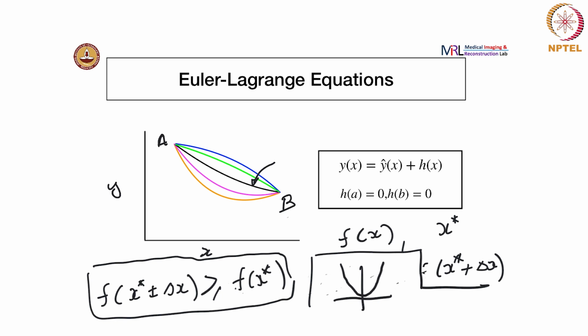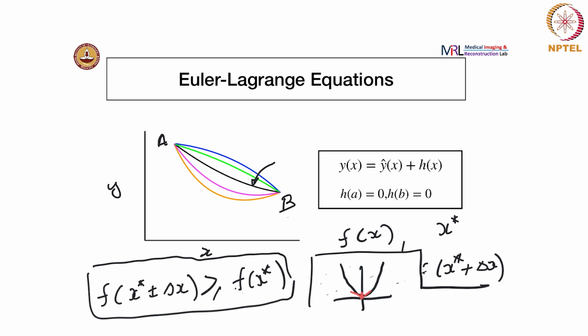So if this is your minimum right there, if you move to the right or to the left, the function value increases. That's what I'm trying to say. Okay. So similarly, but then this is in the real axis. Of course, you can also consider it in multiple dimensions, x, y, z, or x1, x2 up to xn. But the argument remains the same. If you perturb the coordinate values a little bit around where it attains its optimum value, in this case its minimum value, then the function value will increase.